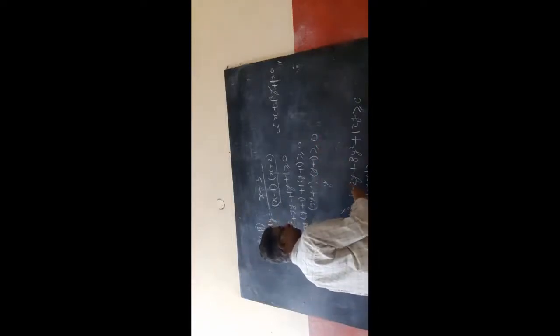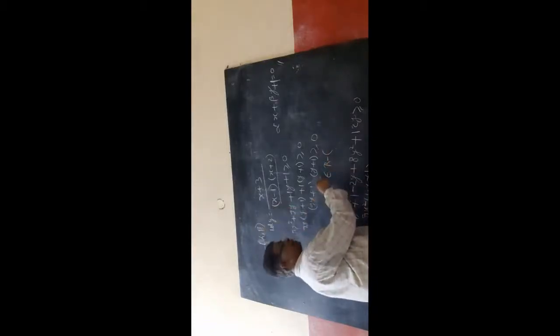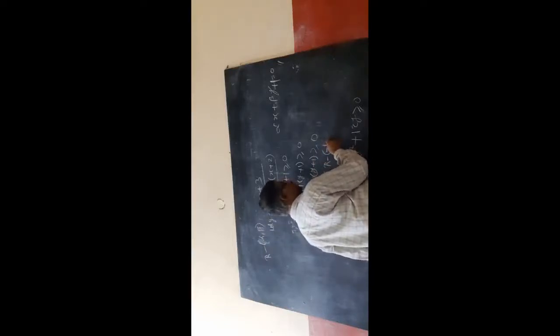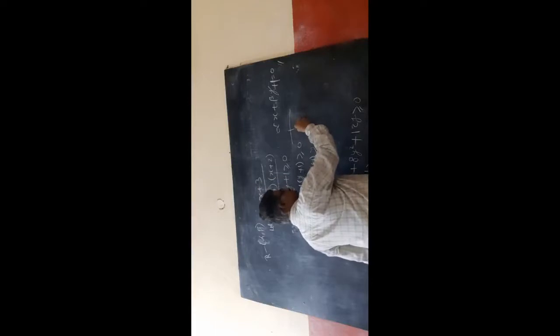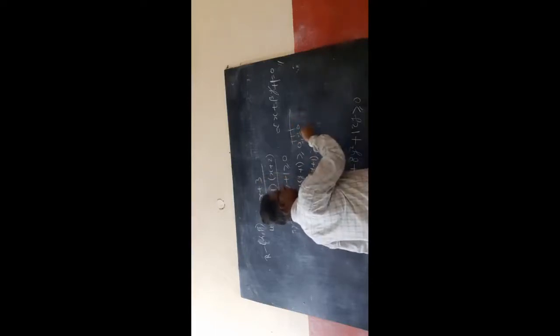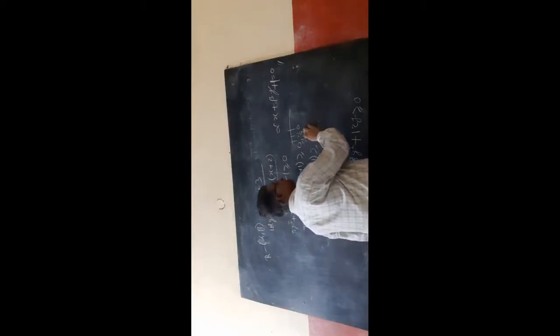Because y does not lie between minus 1 by 9 and minus 1. Somewhere here is 0, somewhere minus 1 by 9, and here minus 1. So y does not lie between these two, minus 1 to minus 1 by 9.